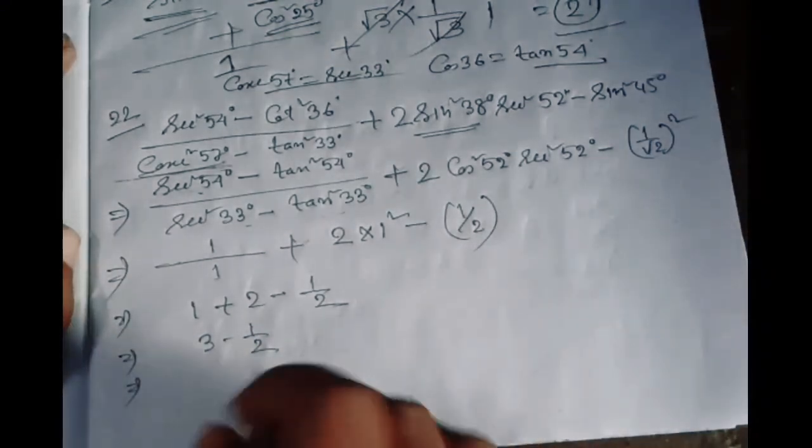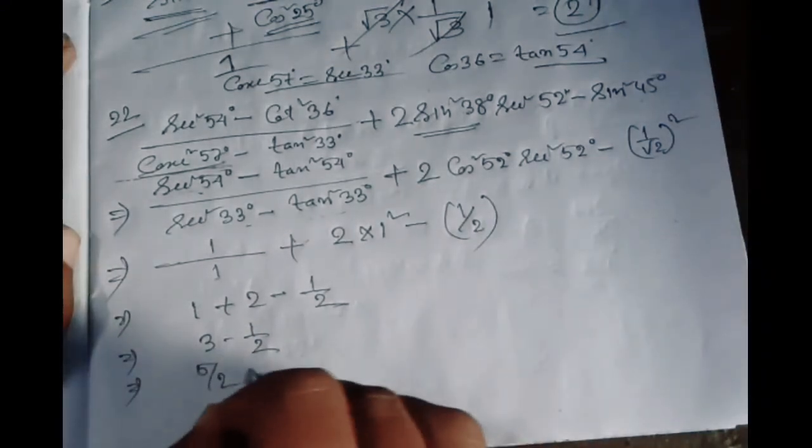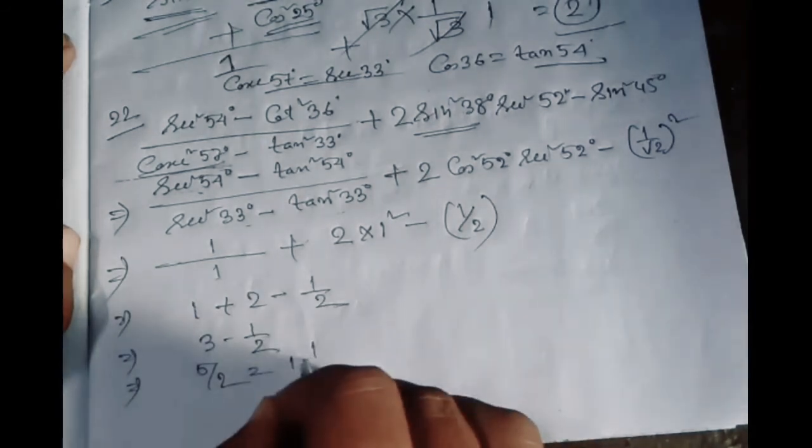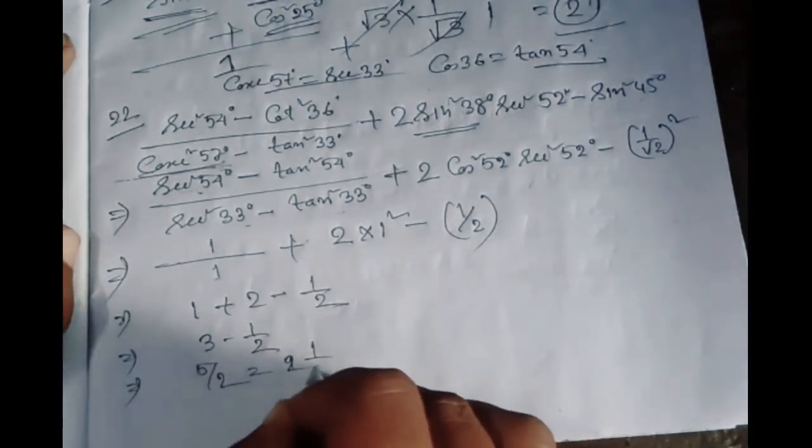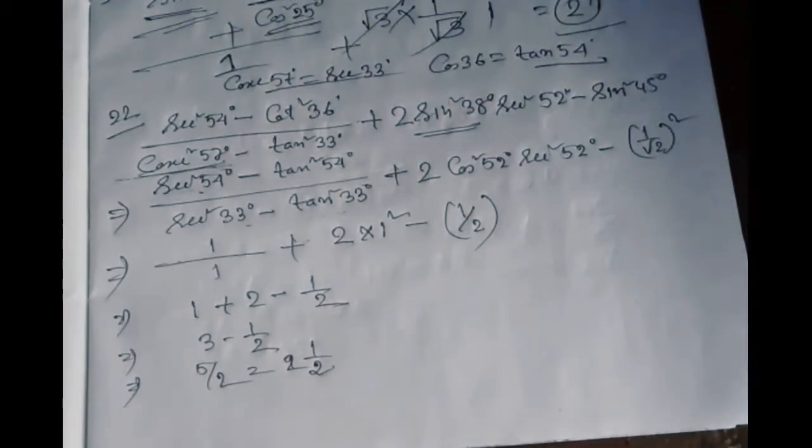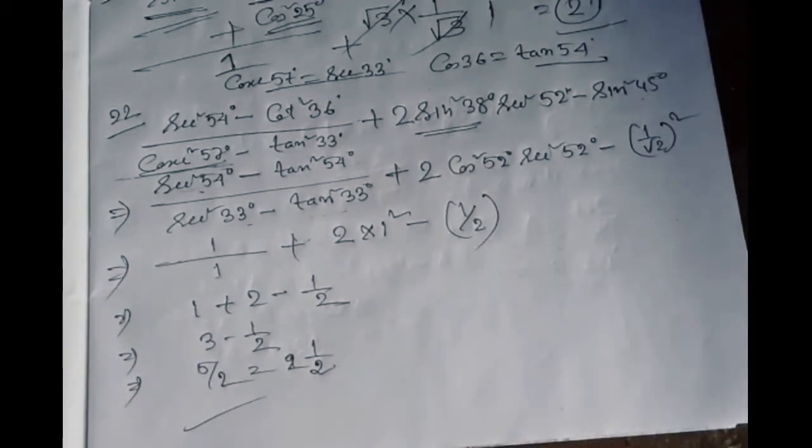So if we do the calculation we will get 5 by 2 means 2 and 1 by 2. So that will be the answer. Question number 22, 5 by 2 will be the answer. Next, move to another question. Next, move to question number 23.